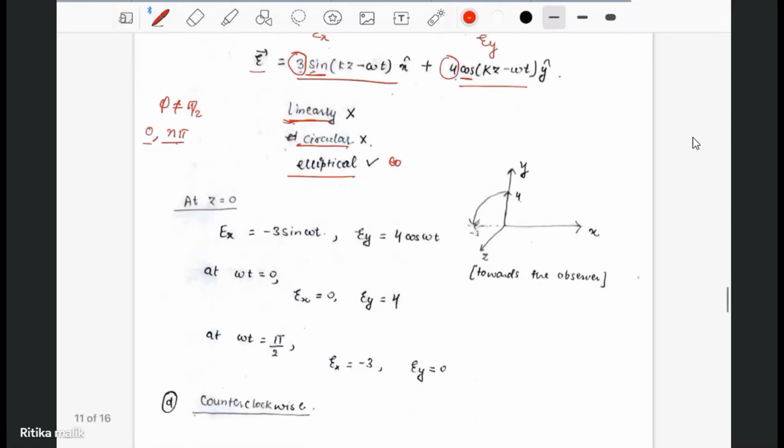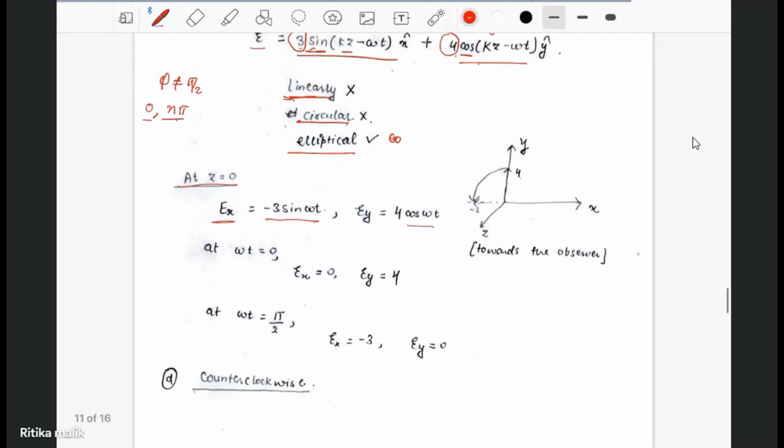Now to check this, we just put z equals to 0 and we are left with the Ex component, which is minus 3 sin omega t, and the Ey component, 4 cos omega t. Now we check at omega t equals 0, what is the condition? At omega t equals 0, Ex is 0 and only Ey is equal to 4.